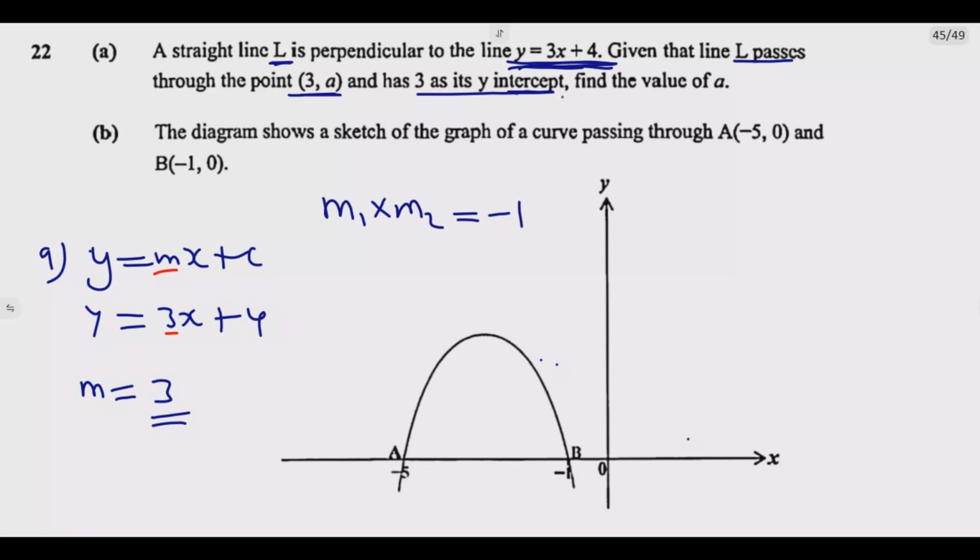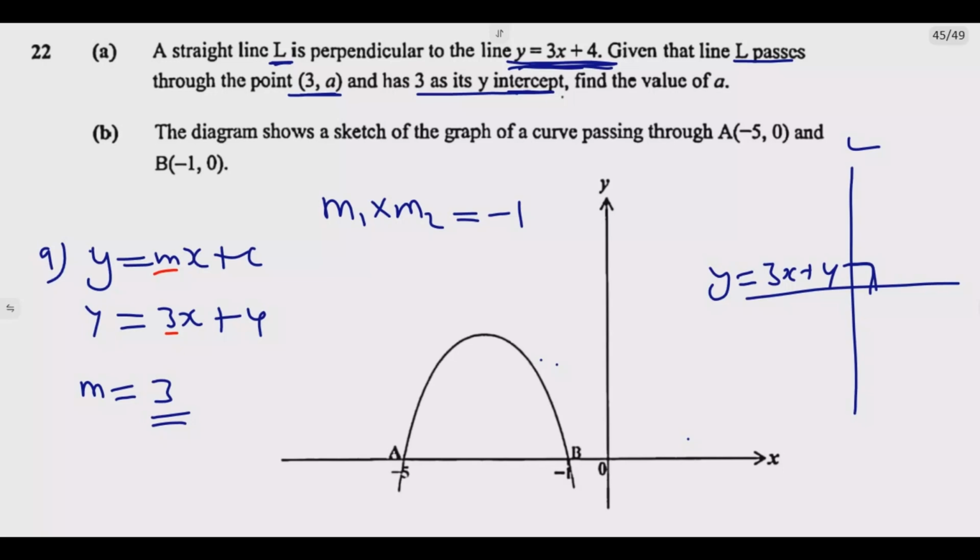Perpendicular means the lines meet at a point like this. So if this is L, then this is y equals 3x plus 4. If you multiply their gradients, we get -1.